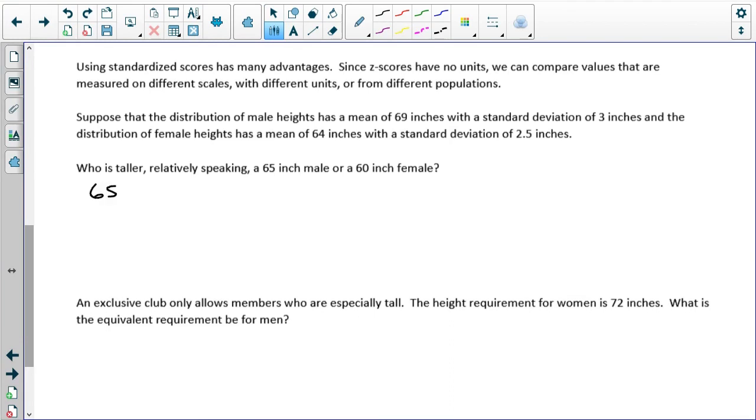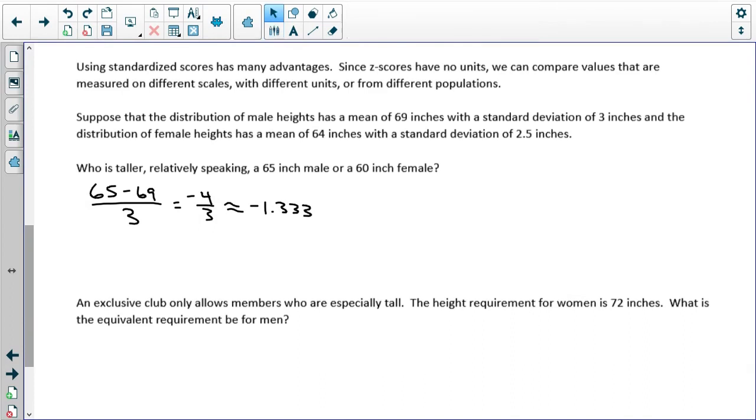So the male would be 65 minus 69 over 3, which is negative 4/3, which is about negative 1.333. So this male is about 1 1/3 standard deviations below the mean. That's pretty far below the mean.